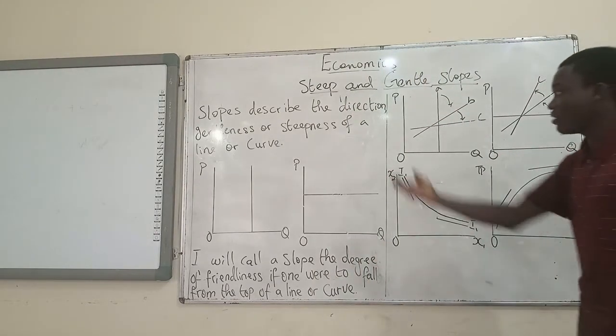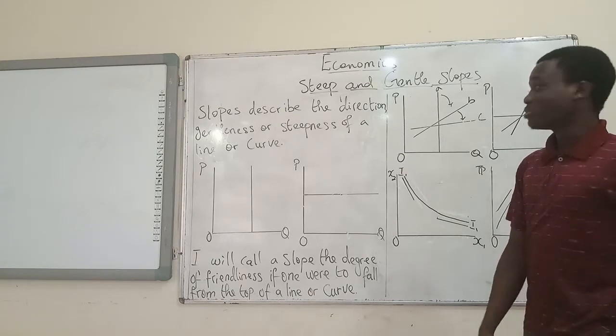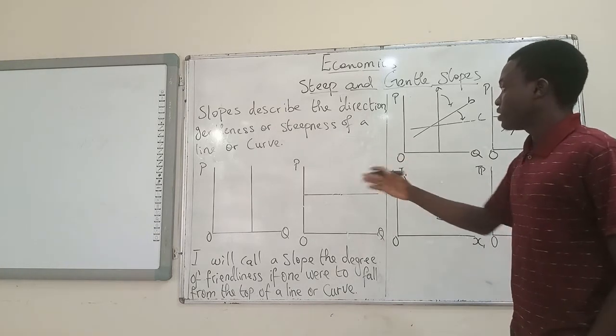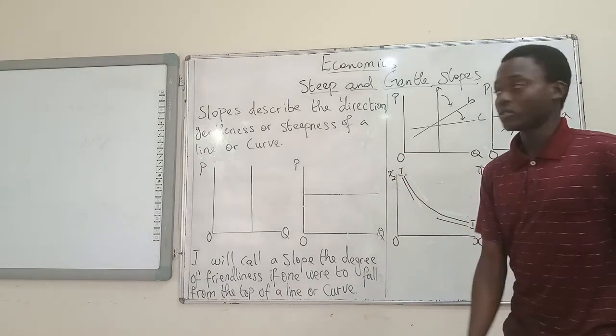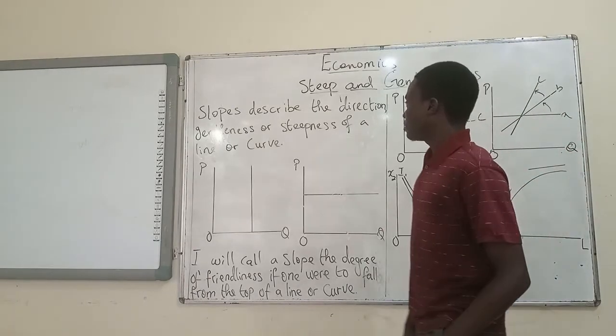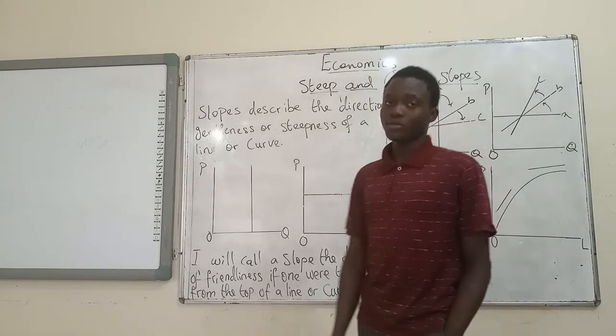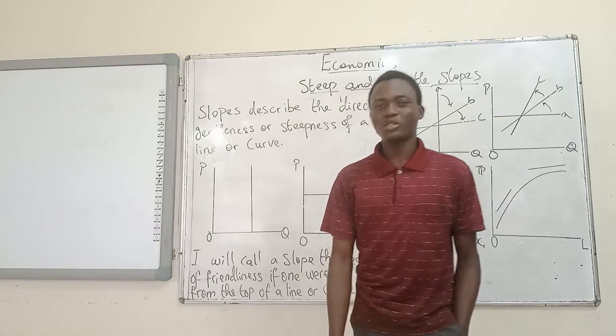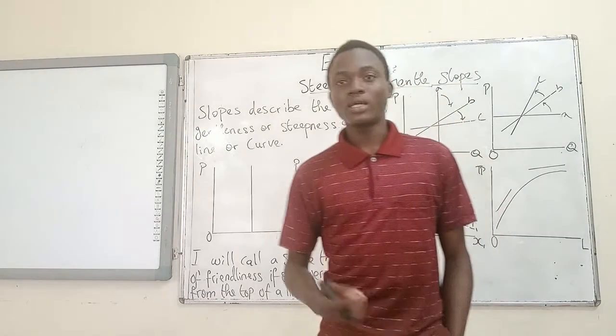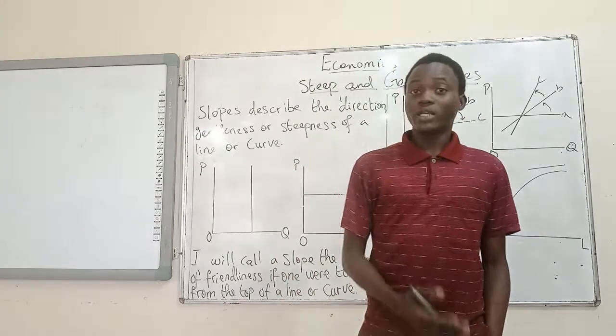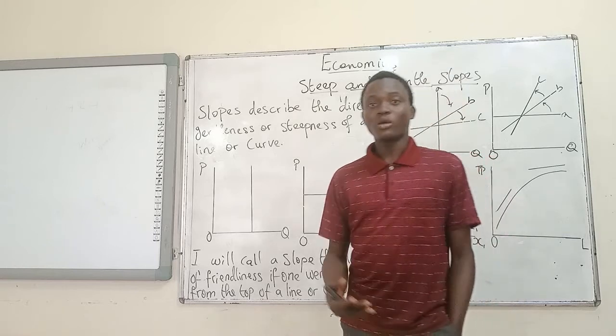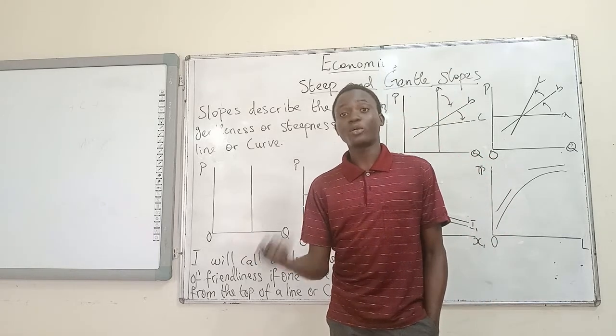What is a slope? We have a formal definition of slope. Slopes describe the direction, gentleness, or steepness of a line or curve. At this stage, I don't think you should have difficulty understanding what a negatively sloped line means, or a positively sloped line.